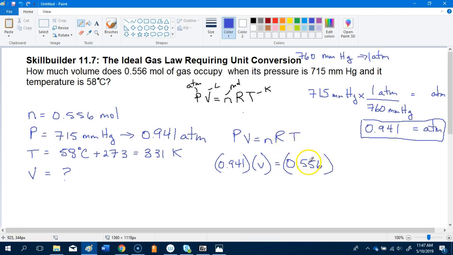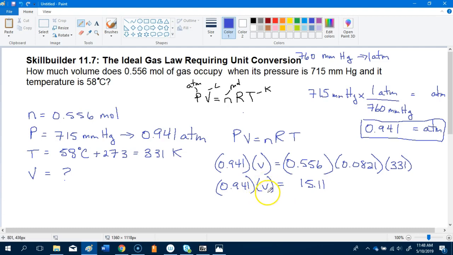R is my ideal gas constant, which is always the same, 0.0821, and then times my temperature in Kelvin, which I figured out to be 331 kelvins. I'm going to combine all the terms on this side, so I'm going to multiply them together, and I get 15.11 is equal to 0.941 times my volume.